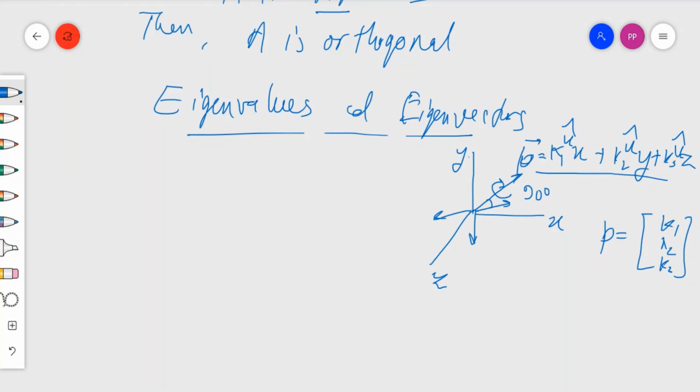So in that matrix operation over p, we see that neither the direction nor the value of p has changed. So I can say that this p is multiplied by 1 because the magnitude has neither changed nor its value has changed.